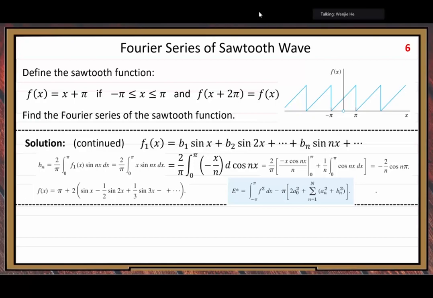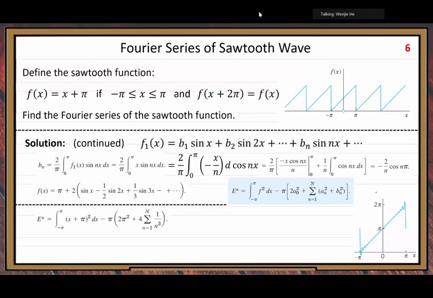Now we want to look at the approximation, the error term, E star. Because little f function is very simple, we can calculate f squared directly.